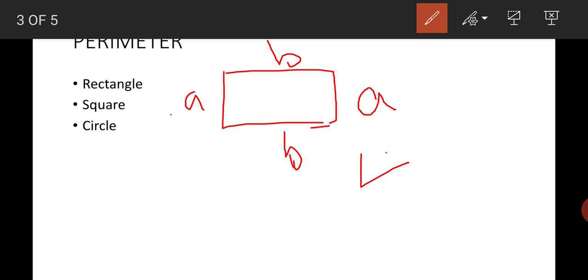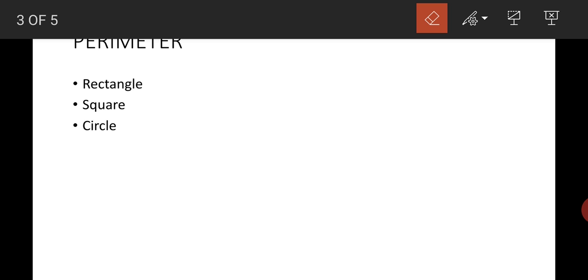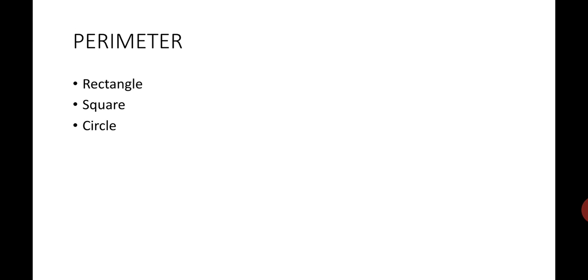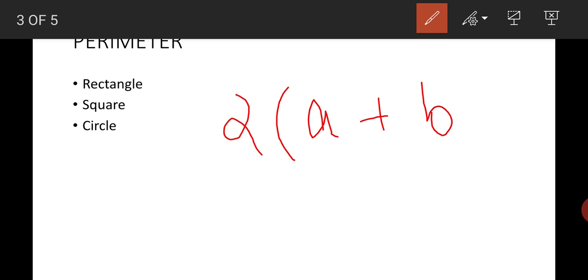It will be 2 into (a plus b). Now we are going to write the dimension of perimeter.